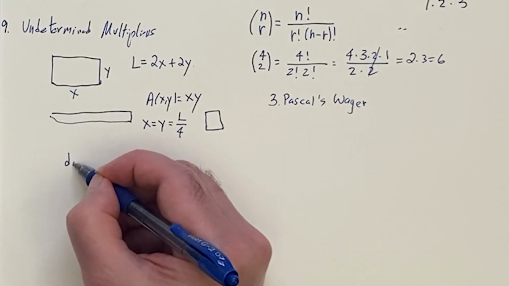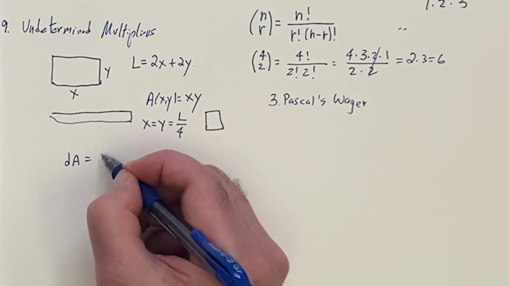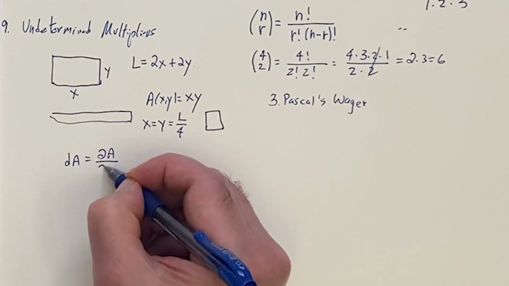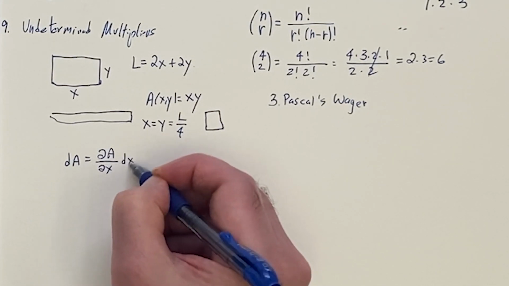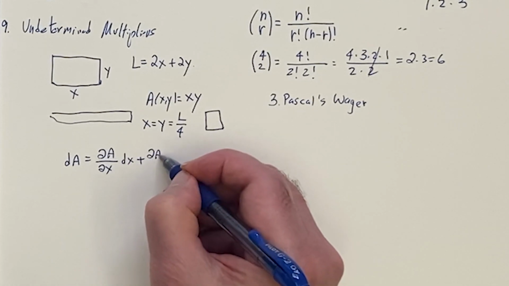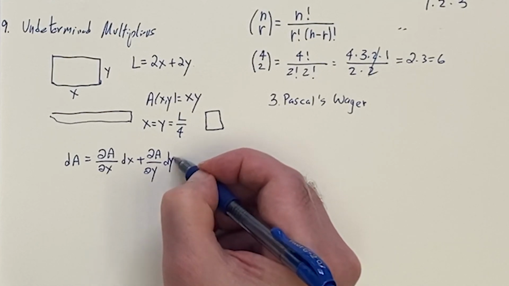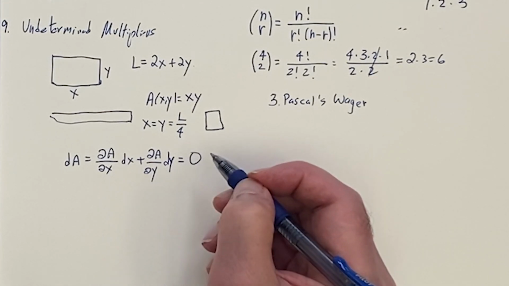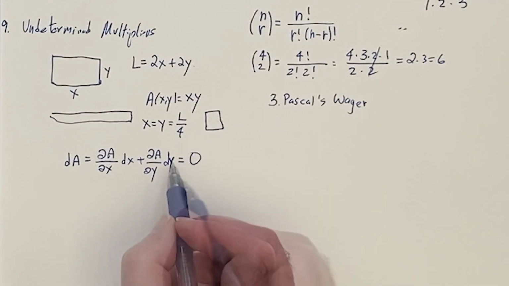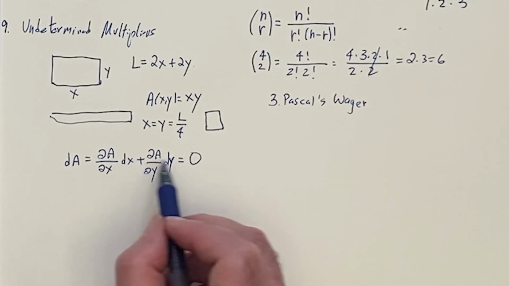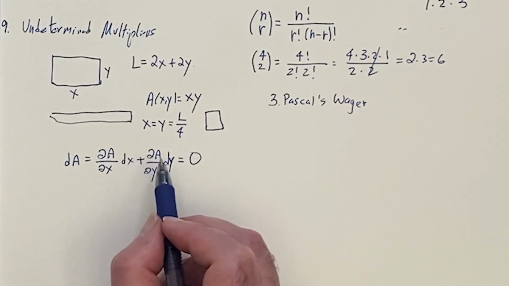But if you take a dA and use partials, partial of A with respect to x, dx, plus partial of A with respect to y, dy, you would want to set that equal to 0, but the problem is you have to get rid of that dy. The dy and dx are related. They interact.